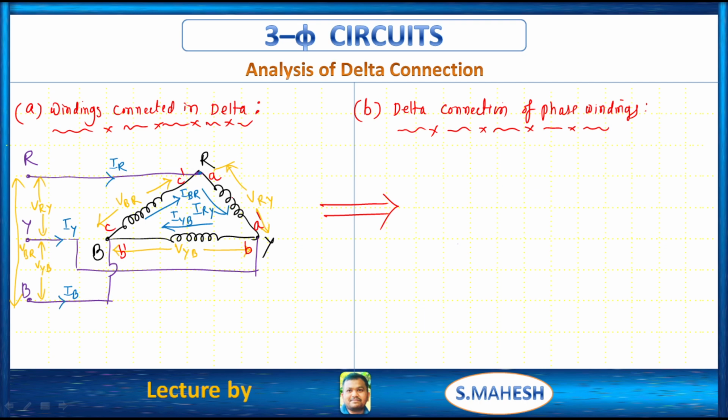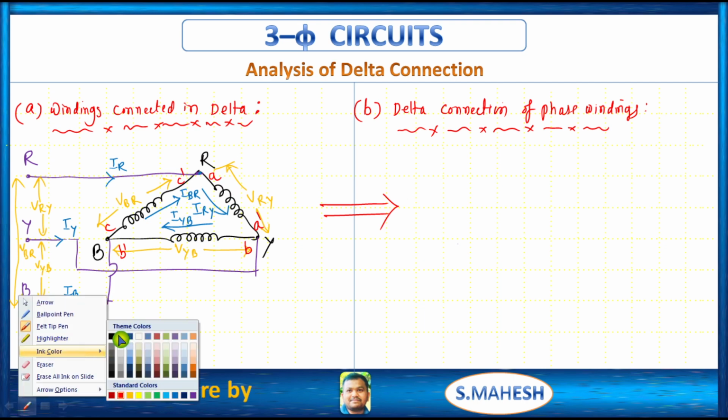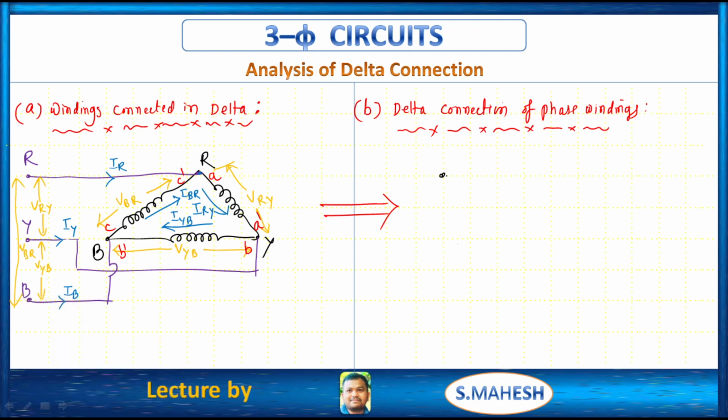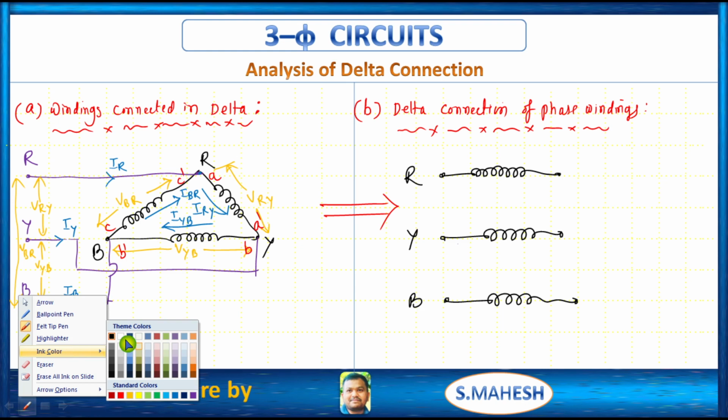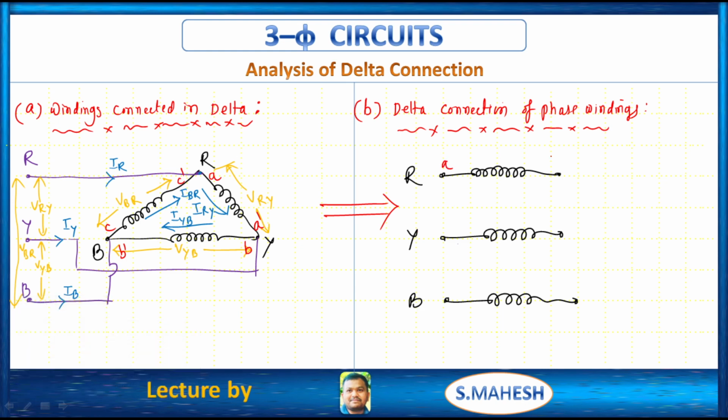So if you consider any winding, R winding, Y winding or B winding, let us notate some points A dash, B dash, C dash. This is R phase, this is Y phase, this is B phase. Clear? Then you know that this is A dash, B dash, C dash.